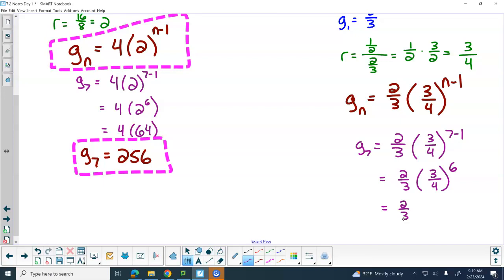Nobody knows how to take 3/4 to the 6th power? What are you thinking, Allison? Nope, that's only if we're adding or subtracting fractions. No. That was a good guess, though. At least that had to do with fractions, wasn't it? I don't know.